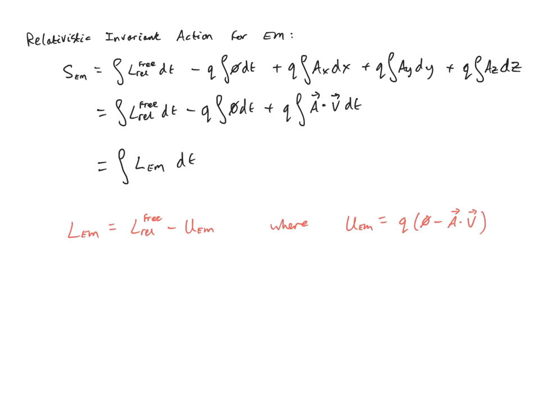And furthermore, when we use this expression within the Euler-Lagrange equation of motion, we'll be able to basically pull out the force on the particle, and we'll see that this potential actually reproduces the entire Lorentz force, which gives a force of Q times the electric field plus velocity crossed with the magnetic field. So these expressions are internally consistent with each other.